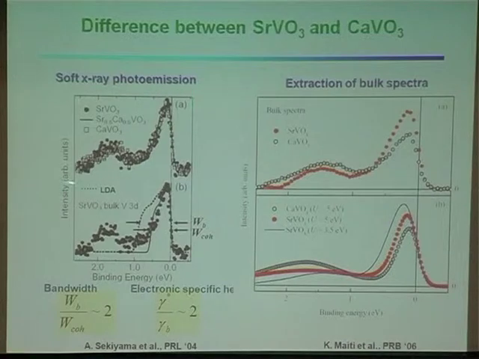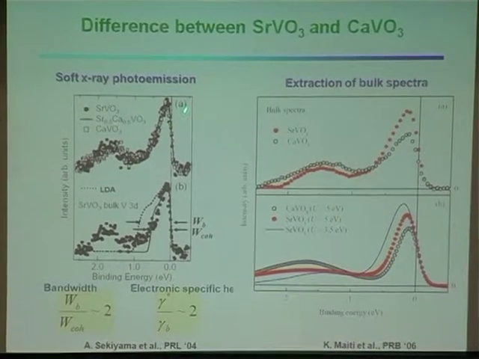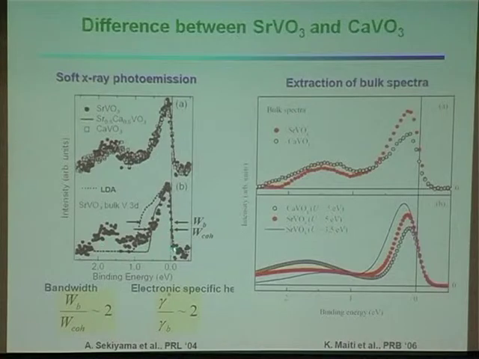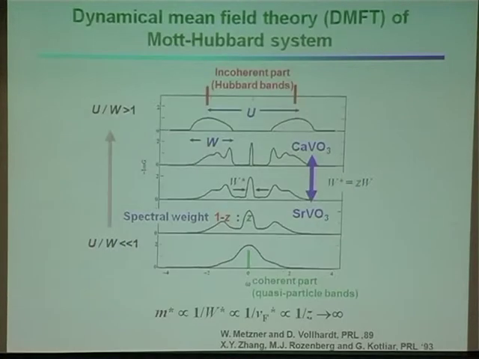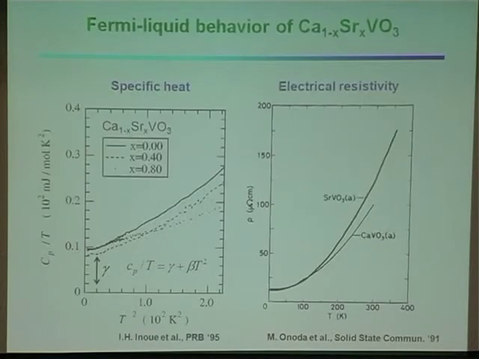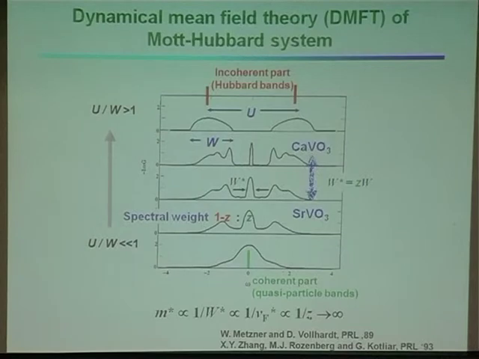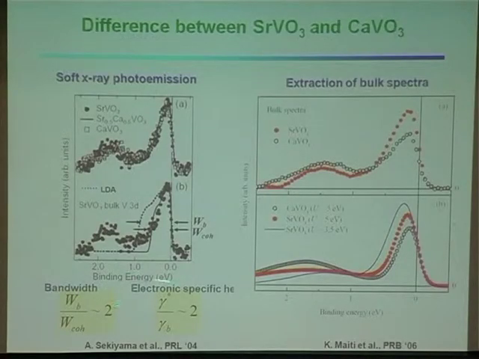But in the bulk spectra, we still see coherent and incoherent parts, and the width of the coherent part is reduced by a factor of 2 compared to the LDA bandwidth. So our ratio is something like this. And indeed, the electronic specific heat enhancement is also consistent with band narrowing, a factor of 2 enhancement.